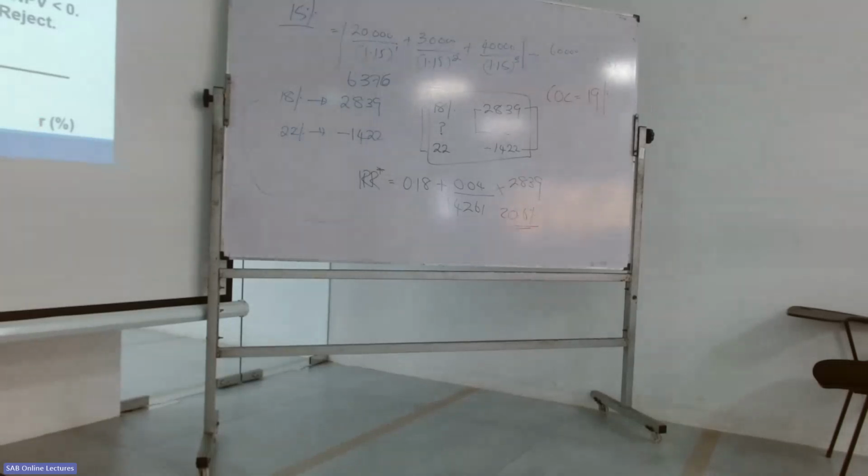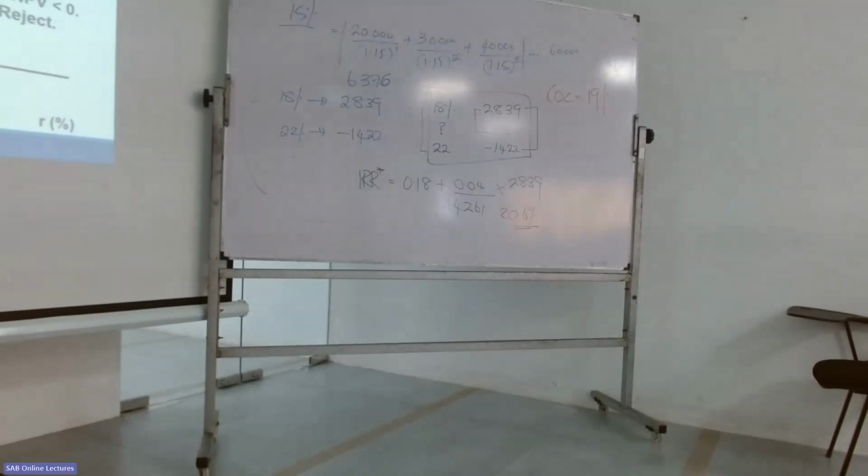Now you can see this blue line is what we call the NPV profile for a particular project. On the x-axis is the cost of capital, or the required rate of return from the project, and on the y-axis is the NPV.